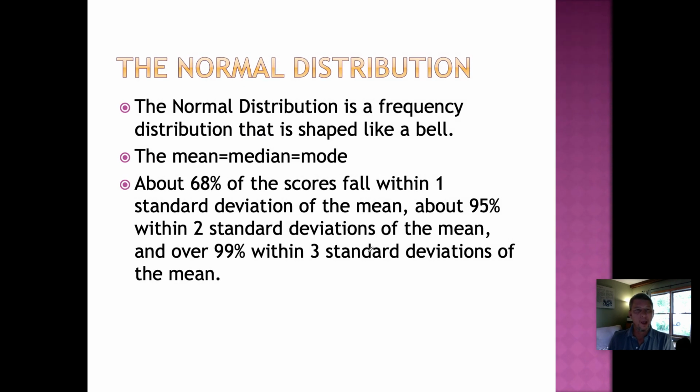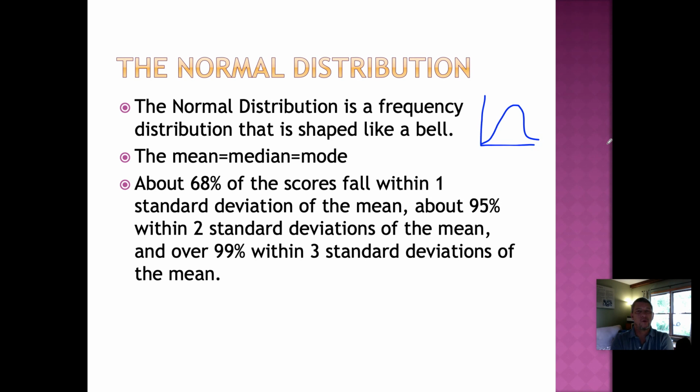Now, most frequency distributions from regular data sets are what we call normal looking. They are shaped like a bell curve. I know that you've seen a bell curve in math. It's simply a graph shaped like this.